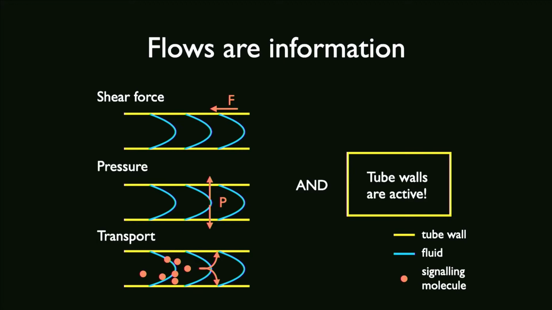And that means that other tubes now may respond to signaling molecules that all of a sudden they do get. You can see how a feedback between flows and network morphology unfolds just by this one idea that the flows just being there provide information.